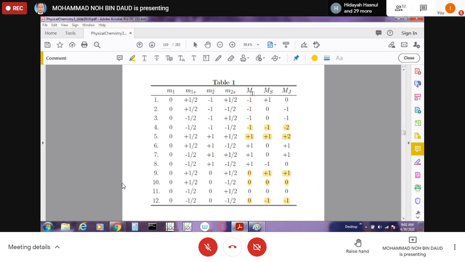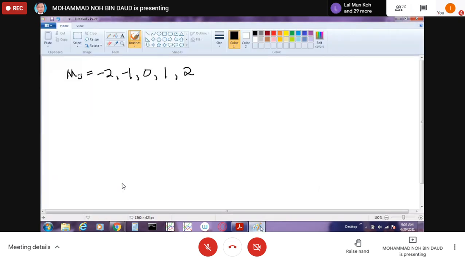The M here is between -1 and +1. Okay. MS, as well, is between -1 and +1. So we can have here all the M values from -1, 0, 1.